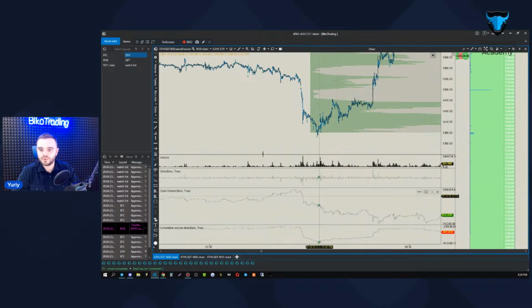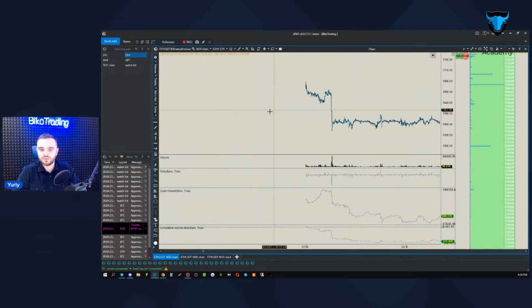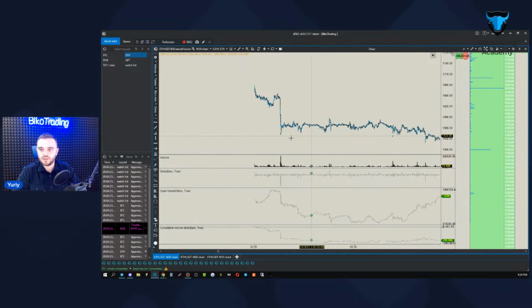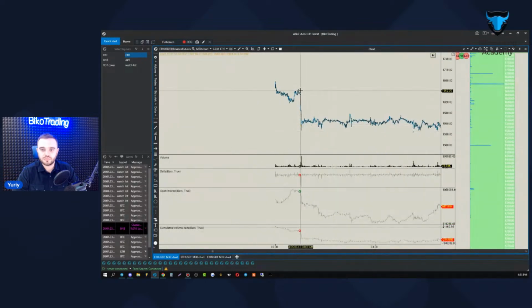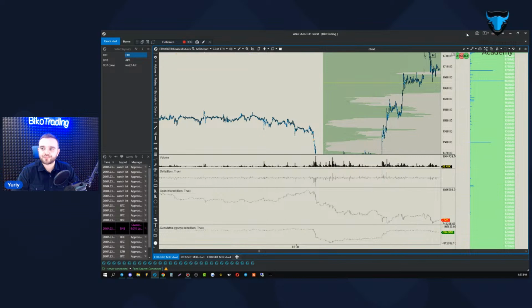Open interest dropped a lot, delta. Even like this one, have a look. The coin dropped quite a lot. Delta is super negative, right? Have a look. Delta super negative. Open interest dropped also a lot. And price started a range because they didn't have enough fuel to continue dropping.